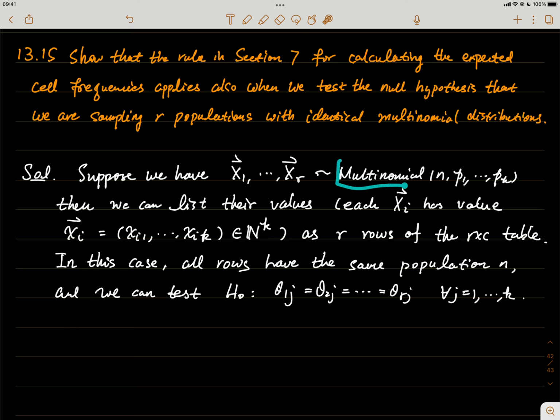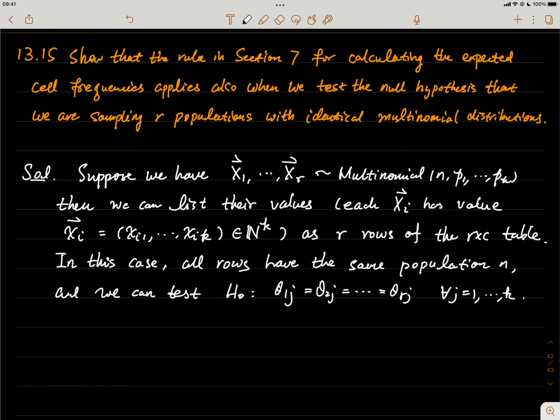So the multinomial distribution is a distribution. Remember that it's a distribution. It's a discrete random variable. If x is following this, that means x is a discrete random variable that has k components.